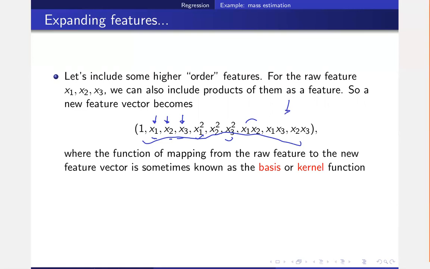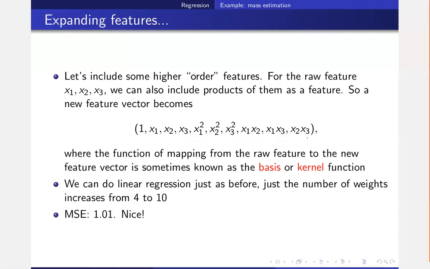So I just need to modify my training data. Instead of the original training data with only these three values, I also pad the extra values here. Then I modify my X matrix, and I can compute my new W.